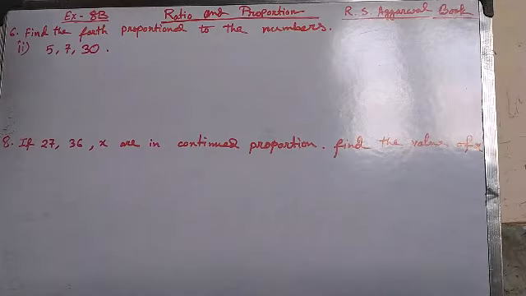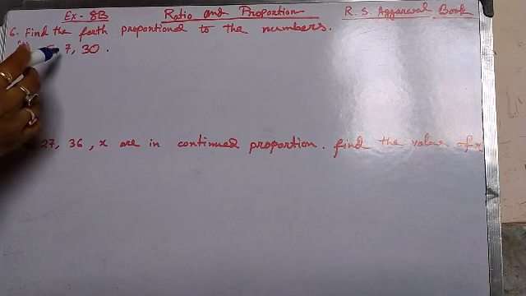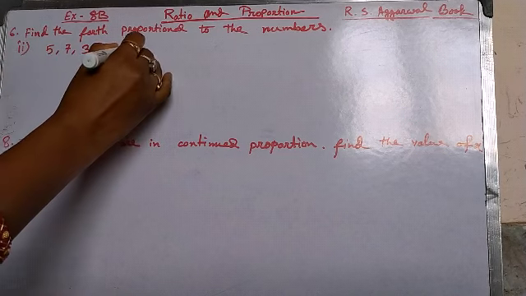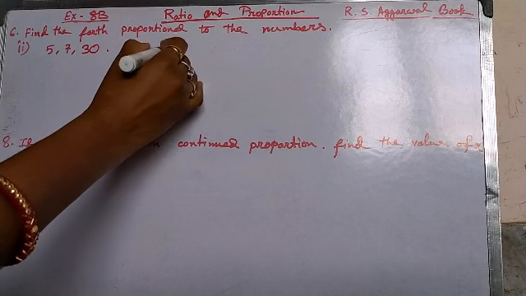Now question number 6. Find the fourth proportional to the numbers 5, 7 and 30. So here we will take the fourth proportional as x.